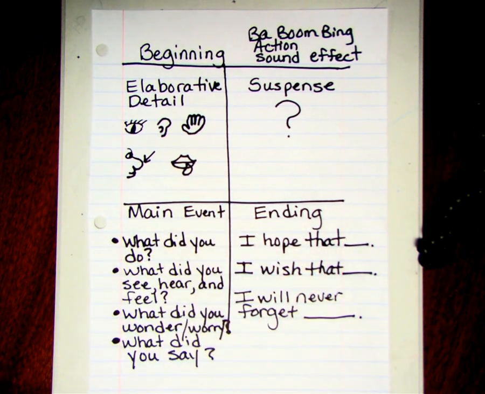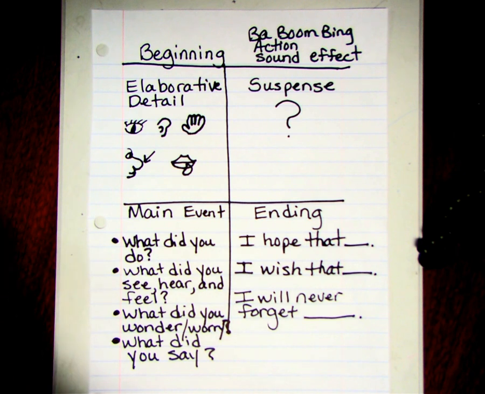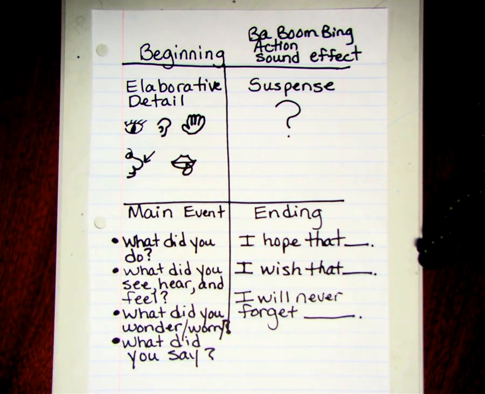So what I've done is there's 5 sections of narrative writing. And Empowering Writers, the program that I use, is to credit for all of this. Some of these little symbols are my ideas, but as far as the general concepts, as far as the beginning, elaborative detail, suspense, main event, ending, those I have to contribute credit to Empowering Writers.